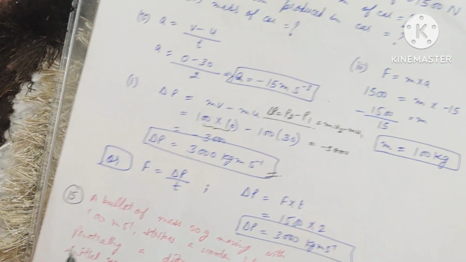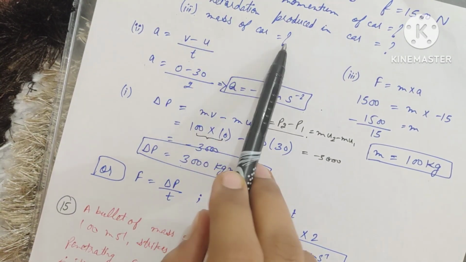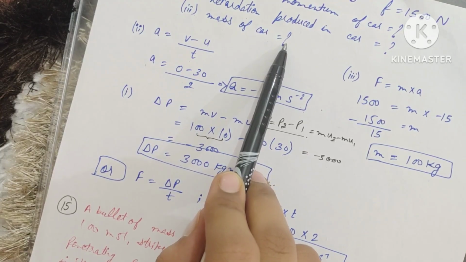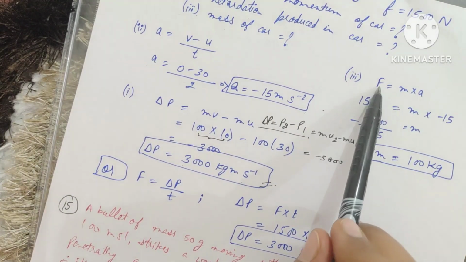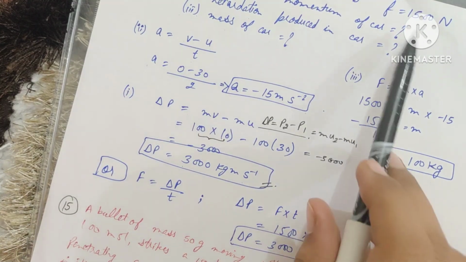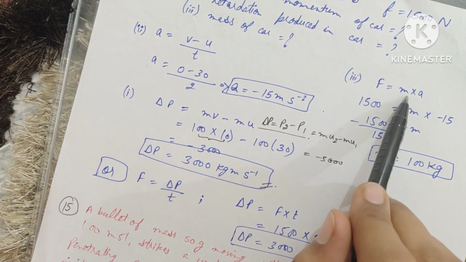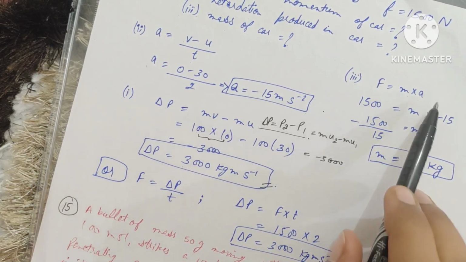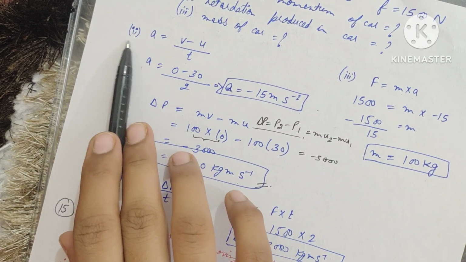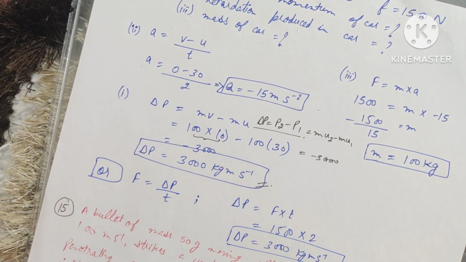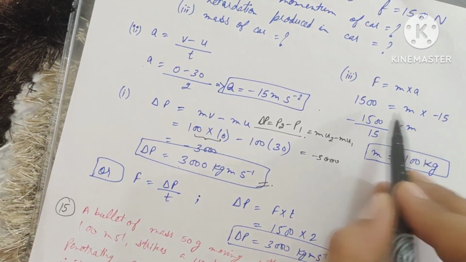The last part of the question is left now. Mass of the car. What is the formula for the force? Force is equal to mass into acceleration. Force is given in the statement. Mass we have to find out. Acceleration we just found in the second part. Use that one.